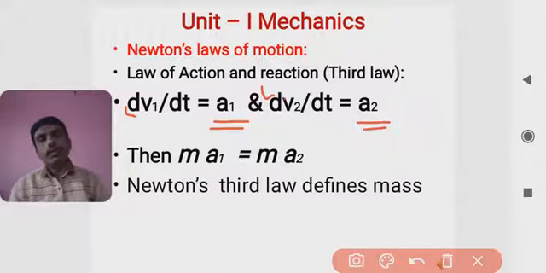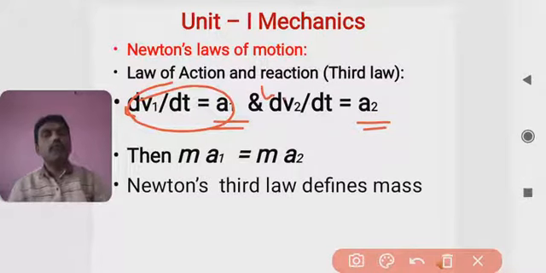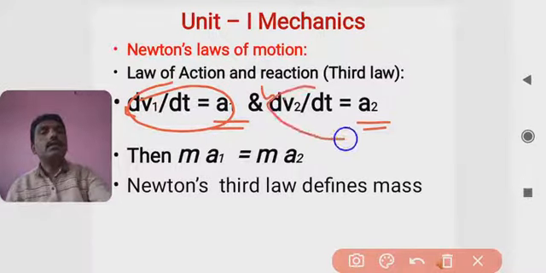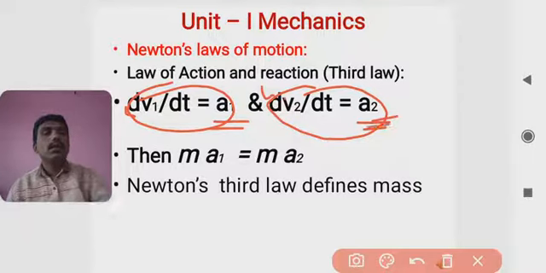Because mass into dv/dt is nothing but the acceleration part, since rate of change of velocity is nothing but acceleration, which is related to the first body, that's why it is a1, and this dv2 is related with the second body, that's why acceleration for the second body is a2.